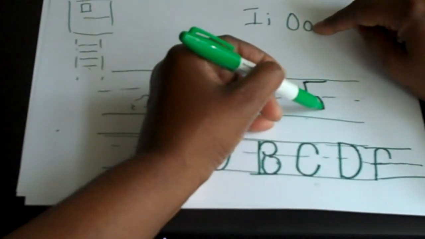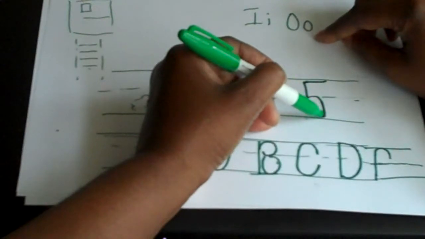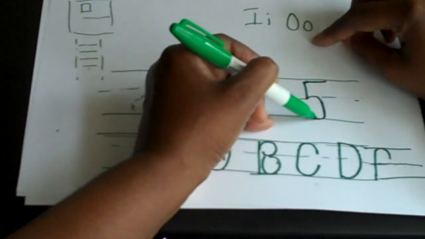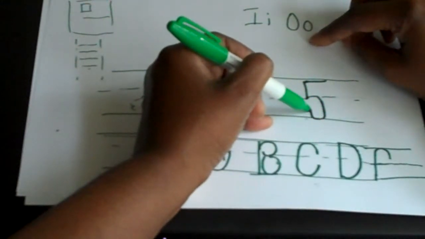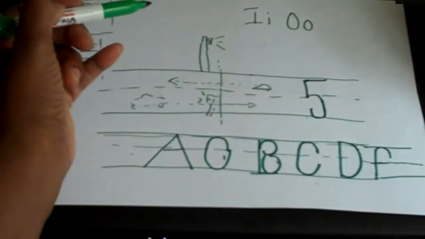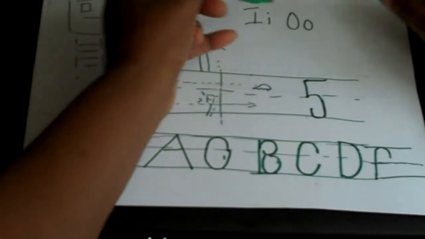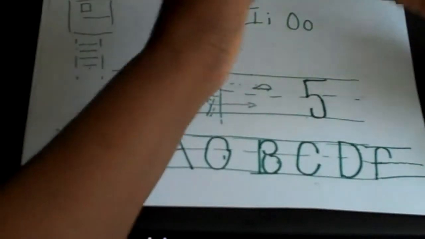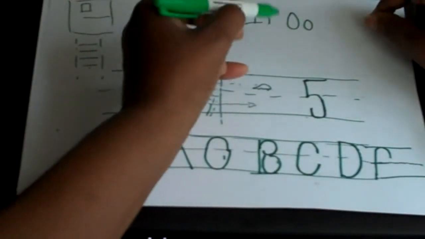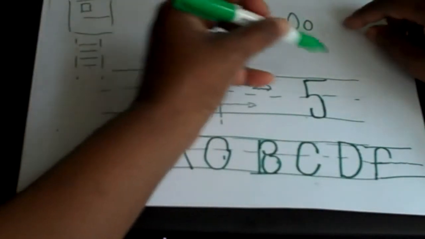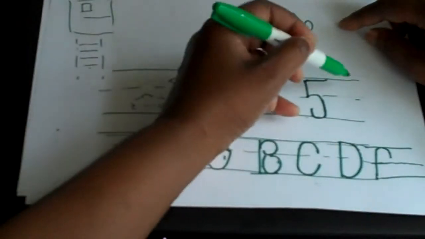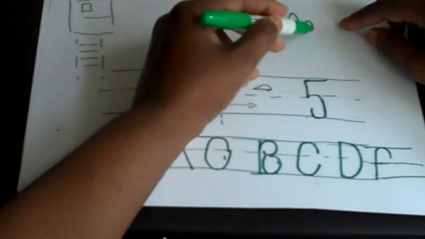Here comes the side, and then go up under. You see what I'm saying? So if you know how to make this and that, you know how to make a number 5. If you know how to make a capital O, you know how to write a number 6, because it uses both of these.